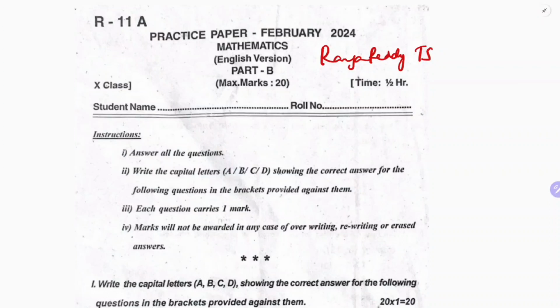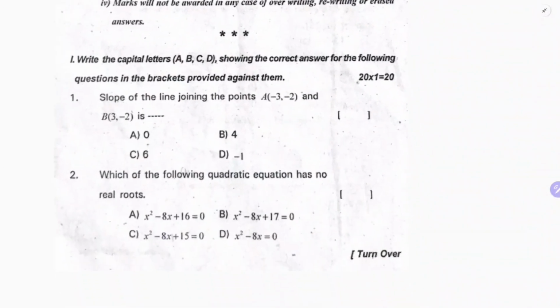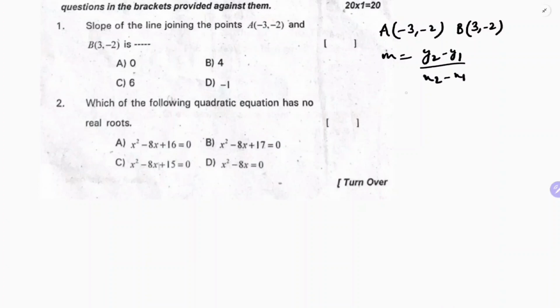Now, the first question, each question carries 1 mark. The first question is the slope of the line joining the points. Here the points are A(minus 3, minus 2) and B(3, minus 2). The slope formula is y2 minus y1 by x2 minus x1.